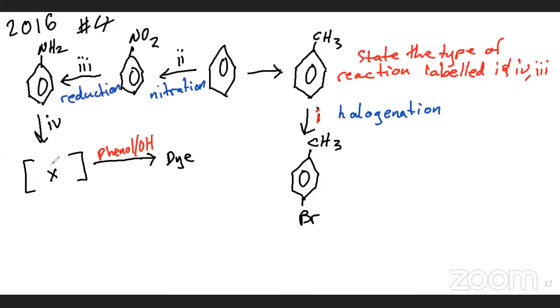And number 4, what do you think is forming in number 4? Which compound? The azo dye. No, the dye is over here. The diazonium salt. That is correct. And what is the name of that reaction?